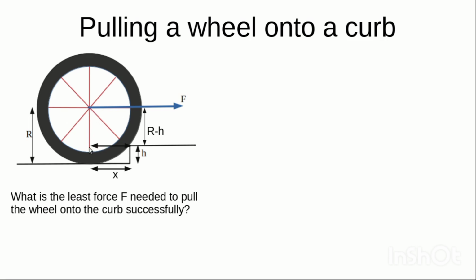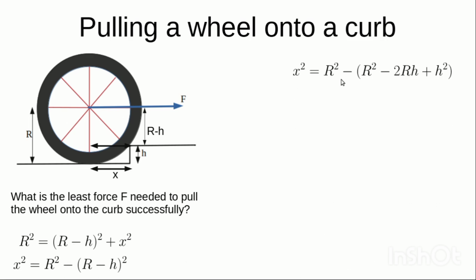Then we can determine this using the Pythagoras theorem, which gives us r squared equal to (r minus h) squared plus x squared. If I make x the subject of the formula and expand, I get x squared equal to this expression. The r squared cancels r squared, and we get x equal to this expression.